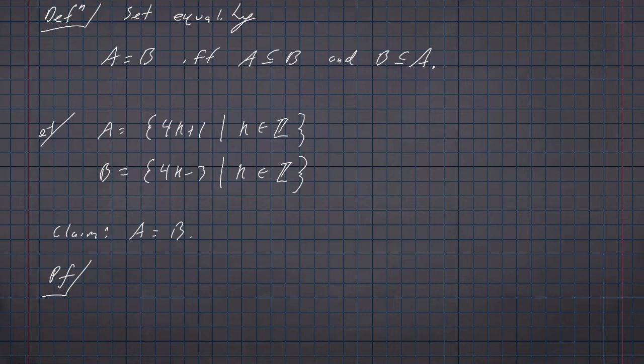Right? What do we know? We know the definition of set A, we know the definition of set B, and we know that we've defined two sets to be equal to each other if and only if the subset inclusions in both directions work out. So that's what we have to do.